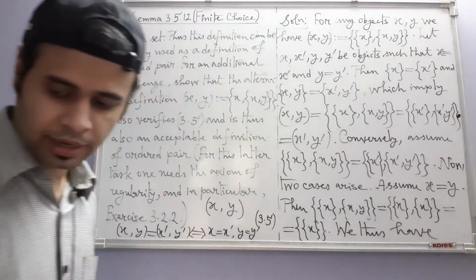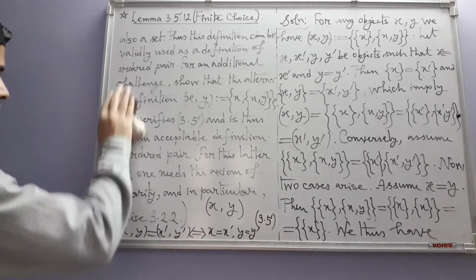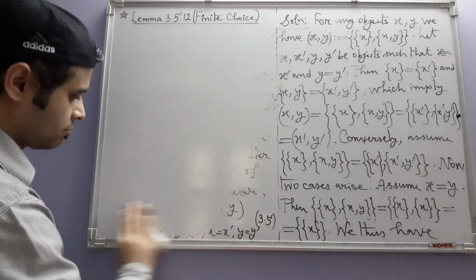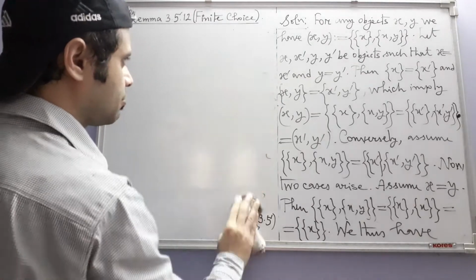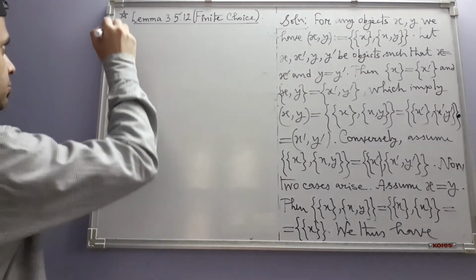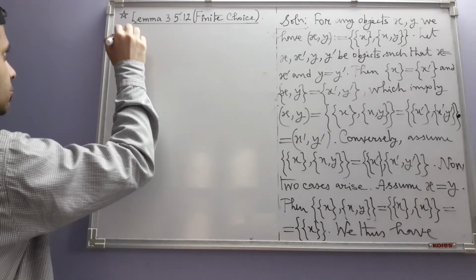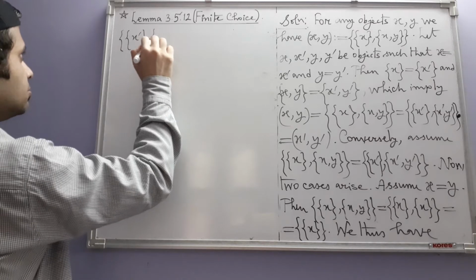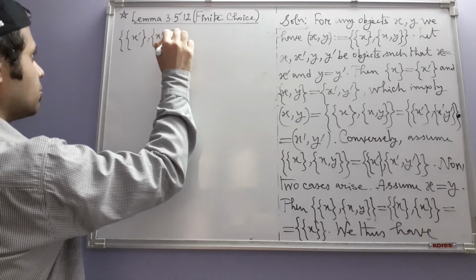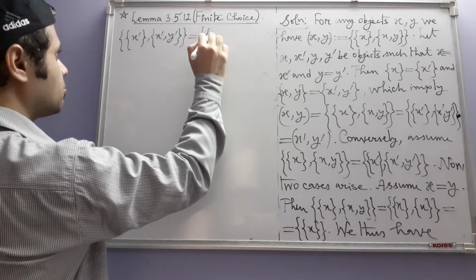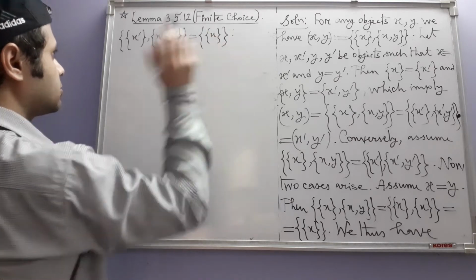So what do we have now from this whole thing? x prime comma y prime is equal to x.